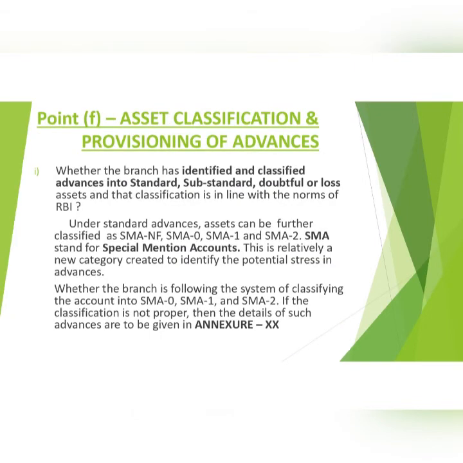Keeping this in mind, we need to verify that the bank is following the system of classifying the accounts into SMA 0, 1 and 2 categories. If there is any deviation found in classification of advances with regard to our audit findings, then the same has to be reported in Annexure 20 of LFAR.